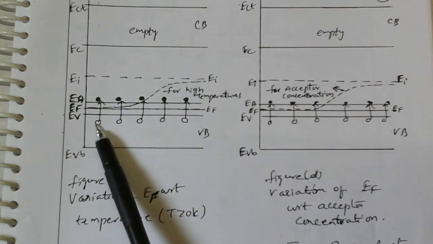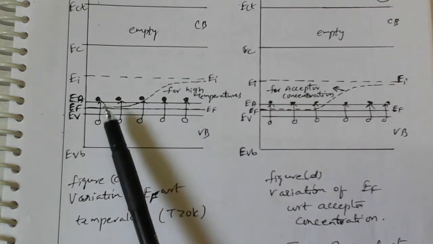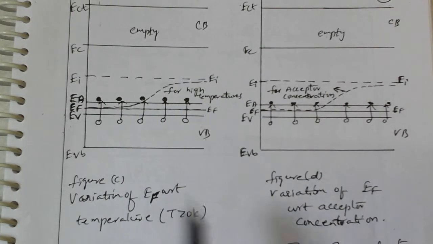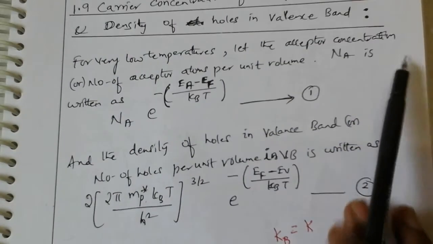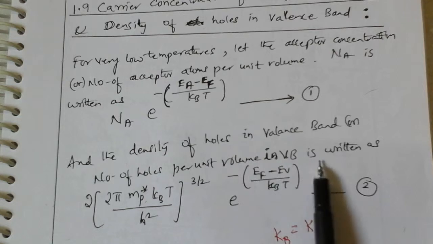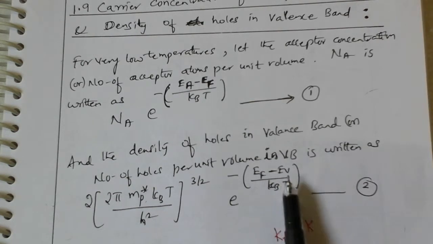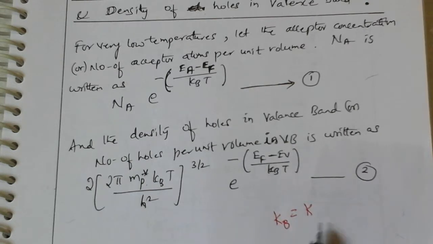That is why holes are formed in the valency band, and electrons are present in the acceptor energy level. So the number of holes per unit volume in the valency band is 2 into (2 pi mp star kBT by h square) whole power 3 by 2 e power of minus (Ef minus Ev) by kBT. Sometimes you can write kB as k also, no problem.